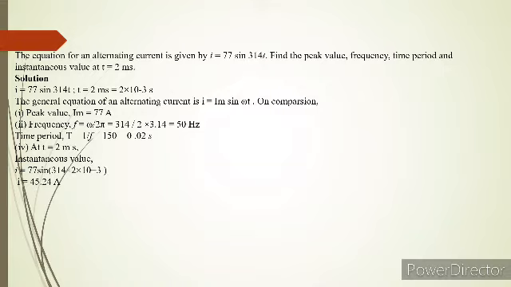So we have to find the peak value Vm, the frequency f, the time period T, and the instantaneous value, but they have given the time, that is 2 milliseconds.